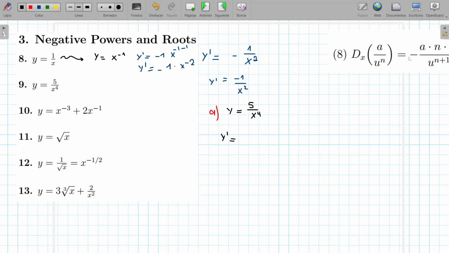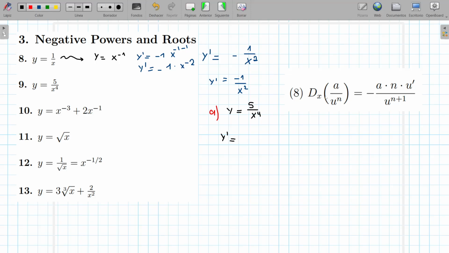What do we have? According to the formula, we have a number up here. In this case, the number is 5. We have x to the power of 4, which represents the u to the power of n. So what we have to do is, again, change the sign. Instead of a, we have 5.